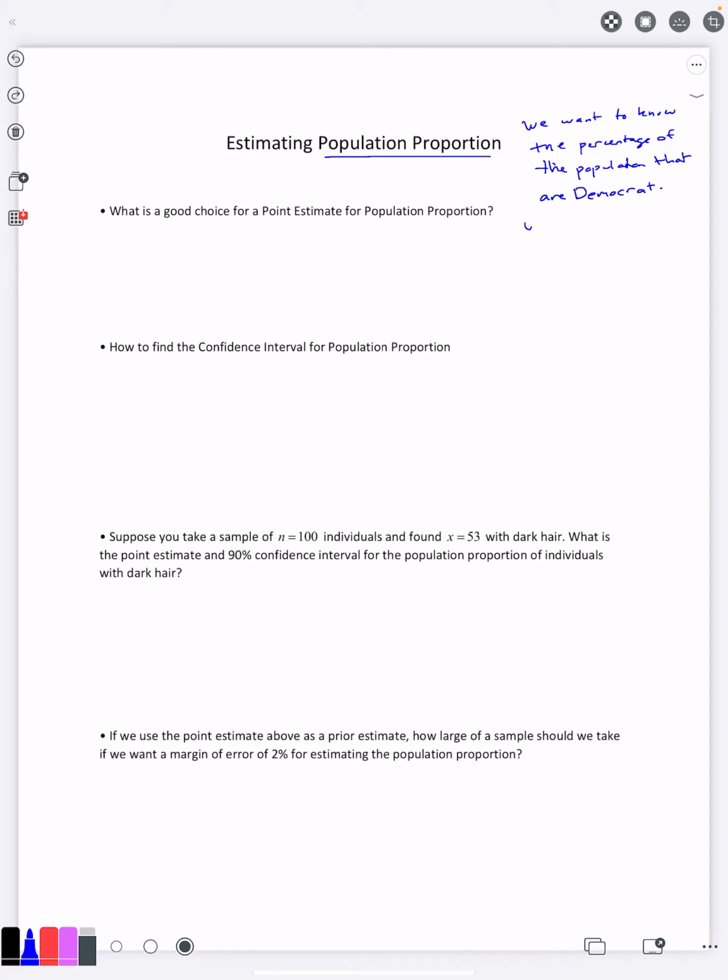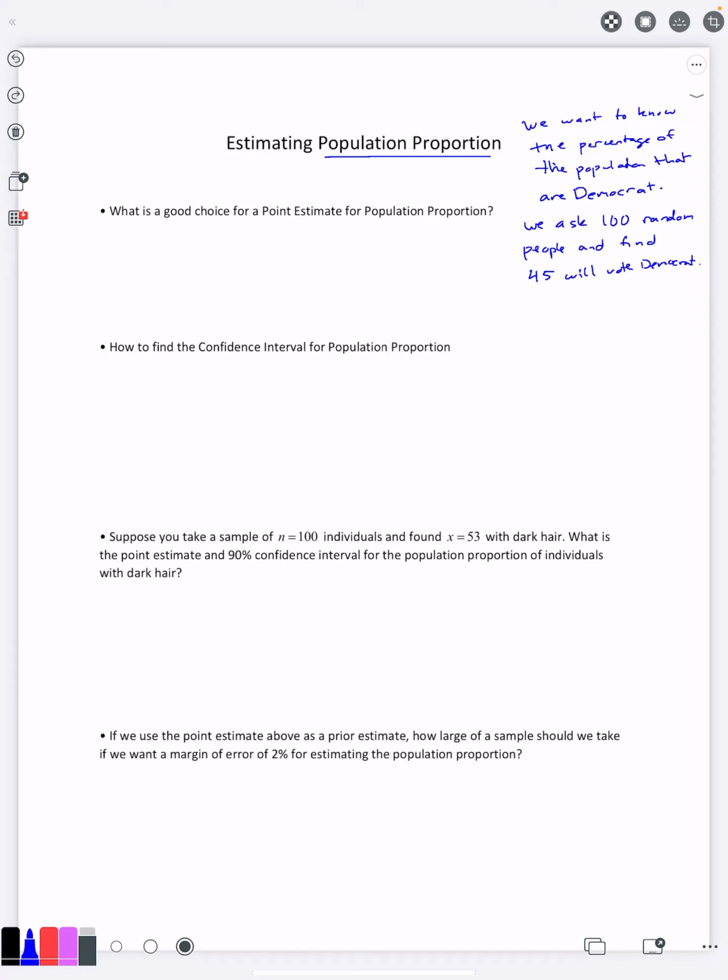So instead, we ask, and I'm going to use 100 just because it's a nice easy number here, we ask 100 random people and find 45 will vote Democrat.